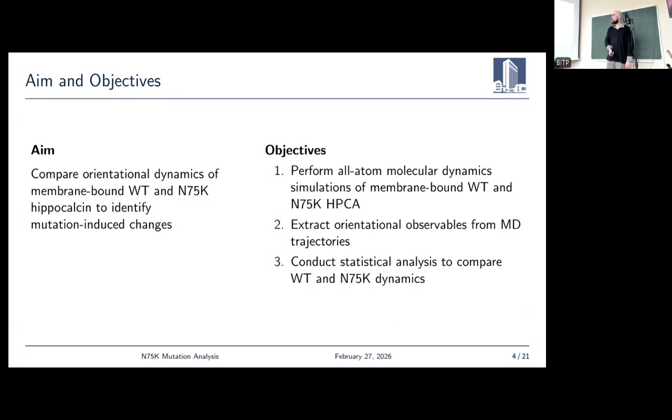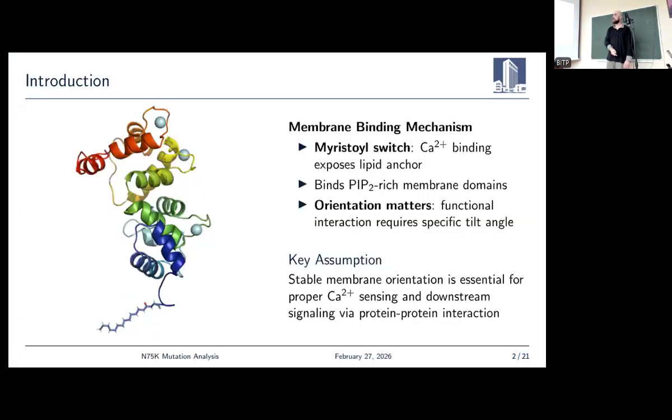I must say that this amino acid substitution, 75K, is located on the second EF hand.